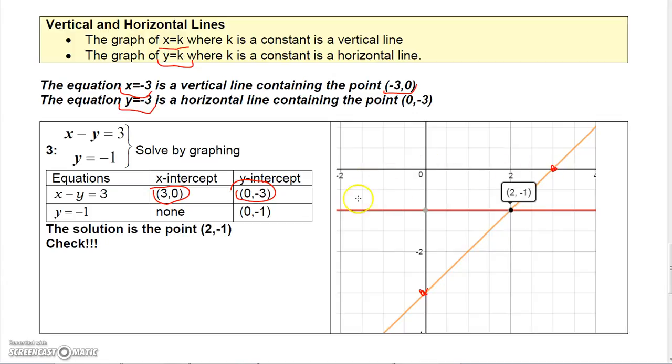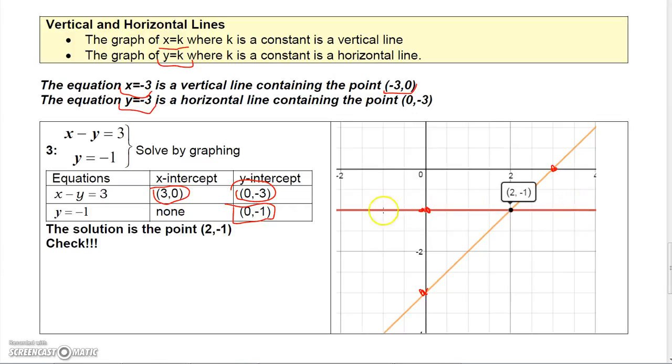And then if I cover up the y value and solve for x, I get (3, 0) for the x-intercept. So this goes through the point (0, -3), and then up here is the point (3, 0). And then the line y equal negative 1, based on what we said up here, is just a horizontal line. It wouldn't cross the x-axis; it only has a y-intercept. So we just draw a horizontal line that goes through the point (0, -1).